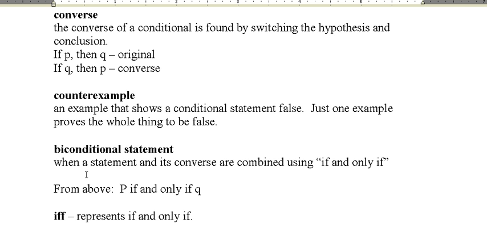A biconditional statement is a statement made by combining the converse and the original statement using if and only if. So if we use if P then Q as the original and if Q then P as the converse, then the biconditional would be P if and only if Q. Or you could say Q if and only if P. Many times in mathematics we use IFF to represent if and only if when using a biconditional statement.